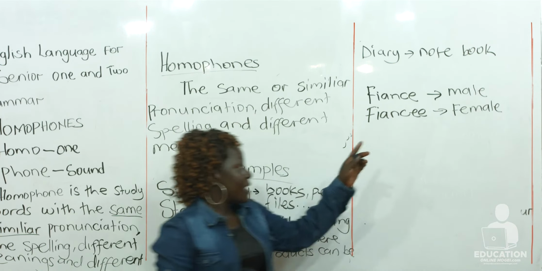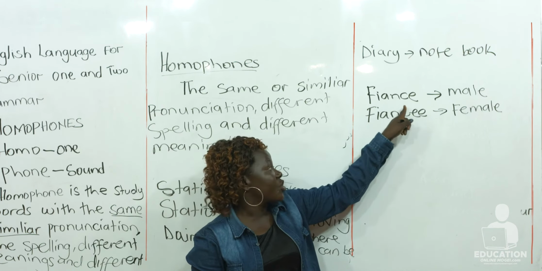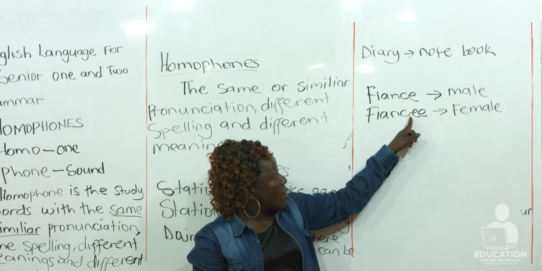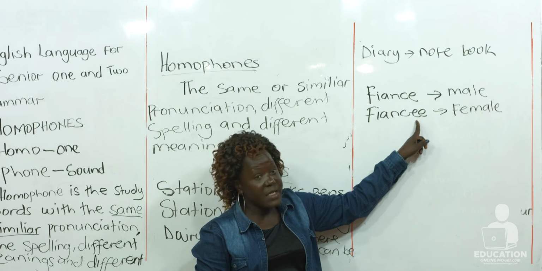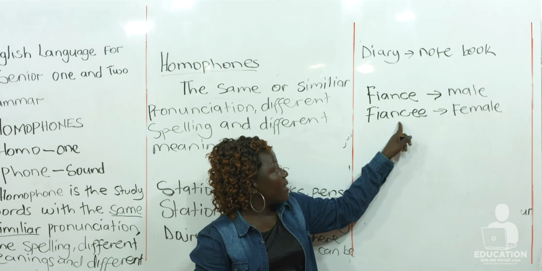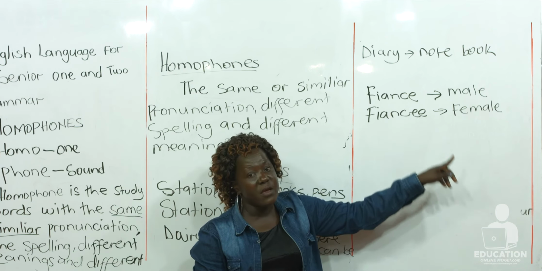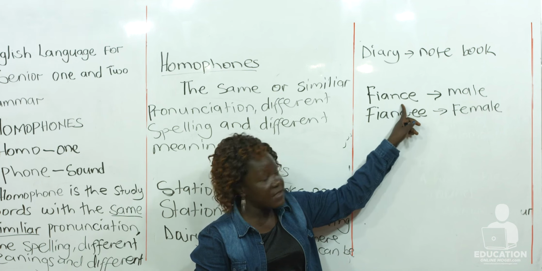So a person who is engaged but is a male, just call him fiancé, the same pronunciation, but write with single E. With double E, now you will stress here and make it long E. So you will say fiancée. Meanwhile, this one is fiancé.